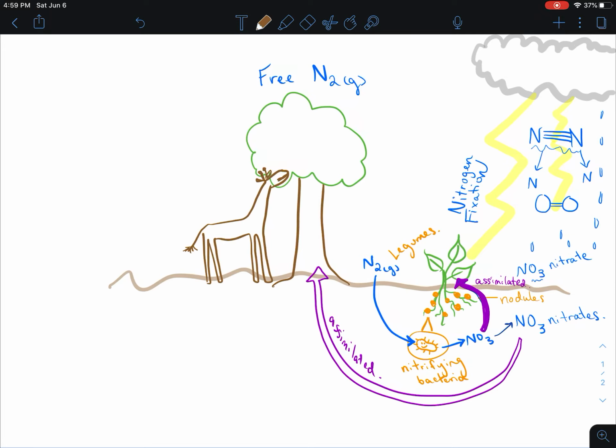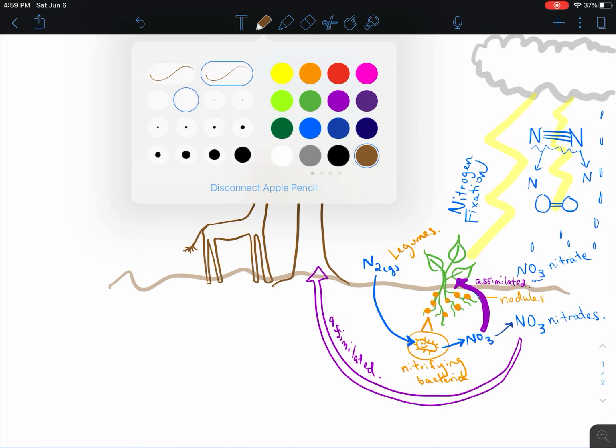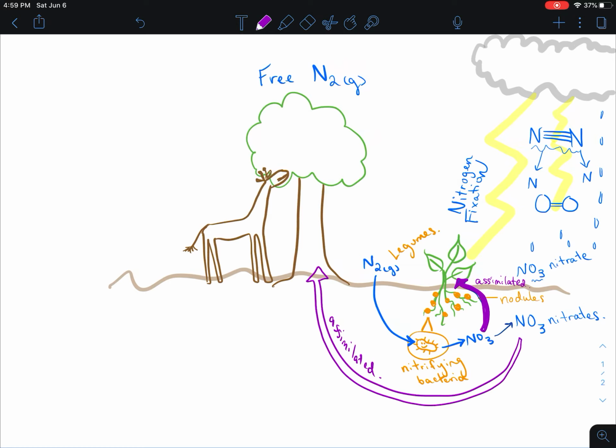You can actually also get nitrogen from eating meat as well, because that nitrogen is going to become a part of that animal. Okay, so this arrow should be purple as well, going into this creepy looking giraffe here, because this is also going to be assimilation into his proteins and DNA. Okay, so there's nitrogen inside of the giraffe as well.